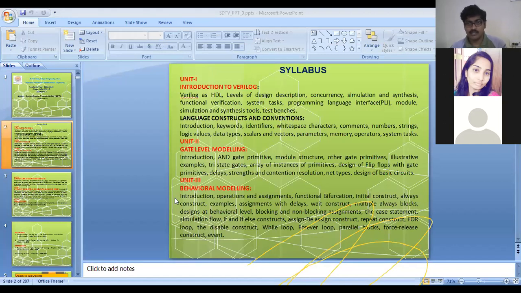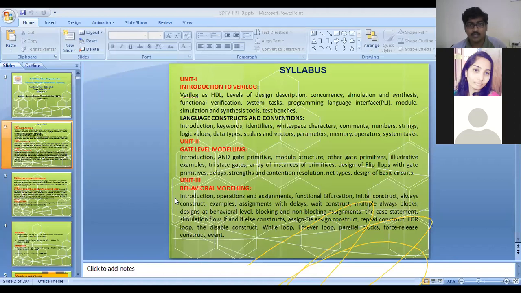We have statements such as always, and we can have some examples on those. Assignments with delays, that means assigning the delay to the signals, and some wait statements. Construct here means the syntax, and we can also have multiple always blocks.